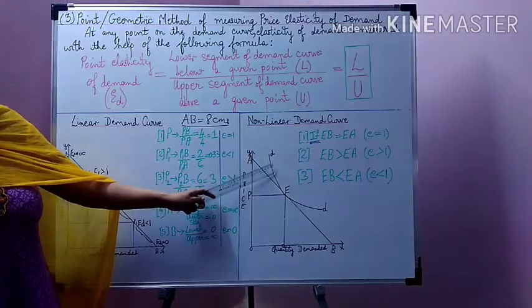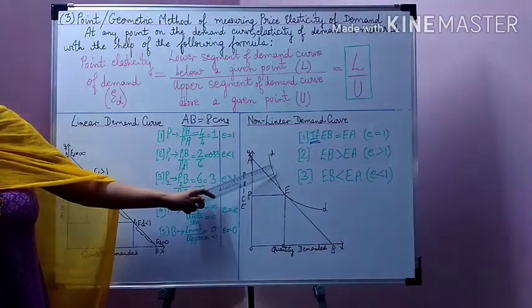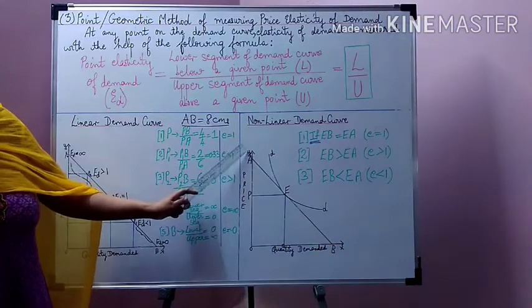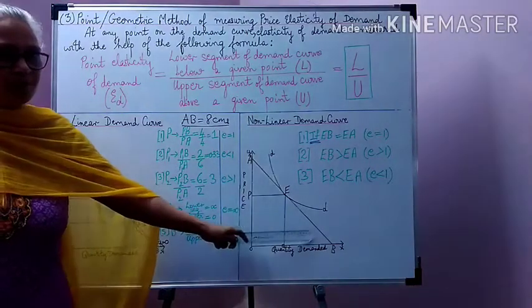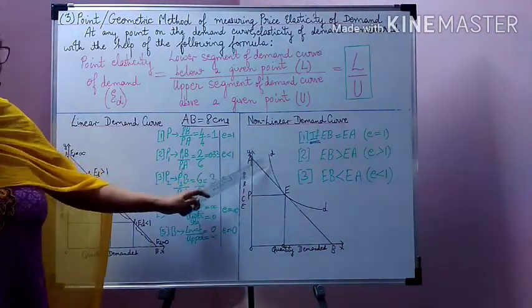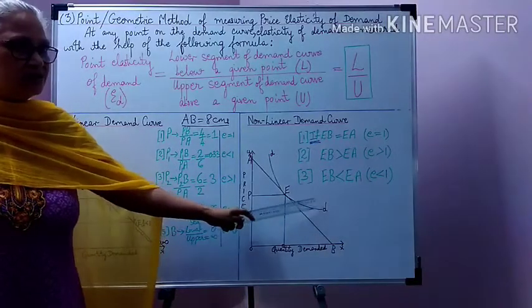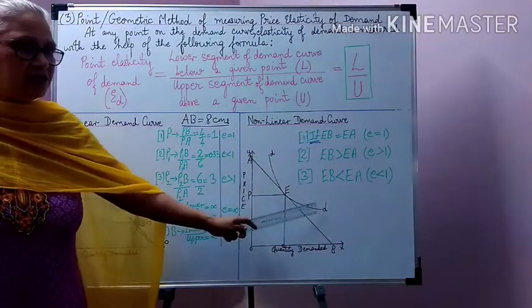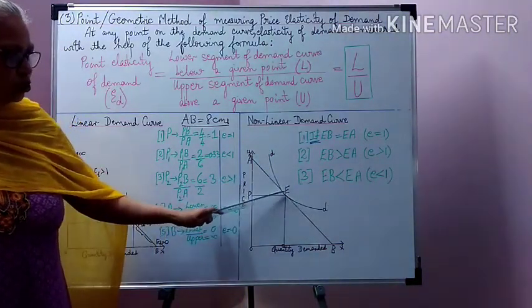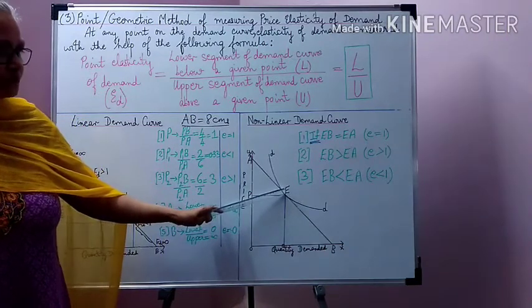You all understand by the word tangent, it is drawing one straight line which touches this circle or this demand curve at only one point.